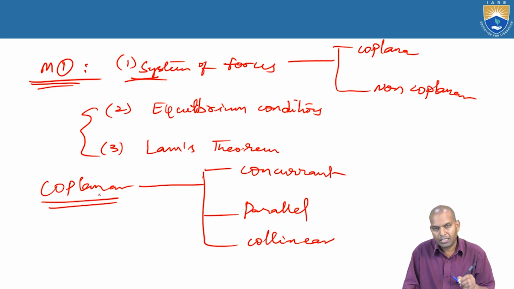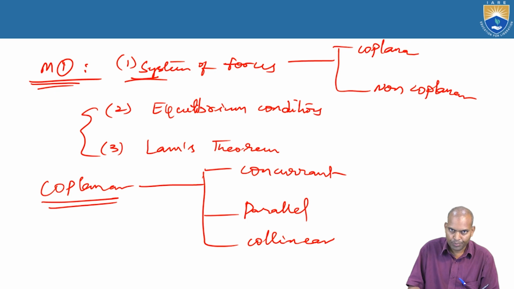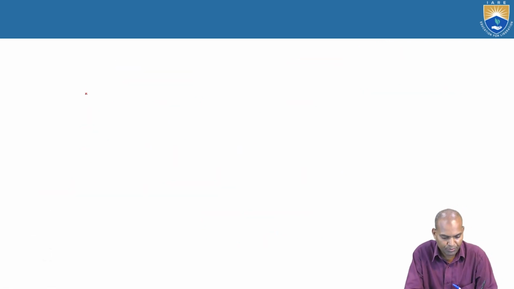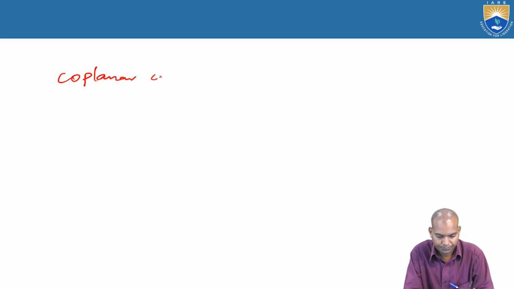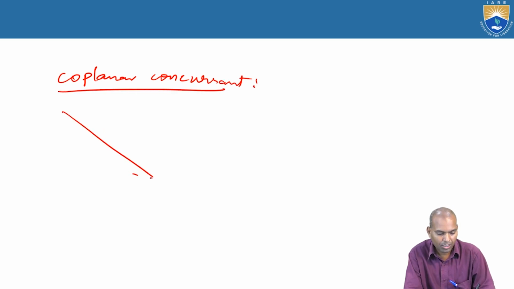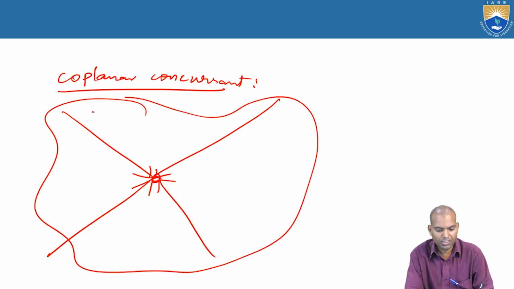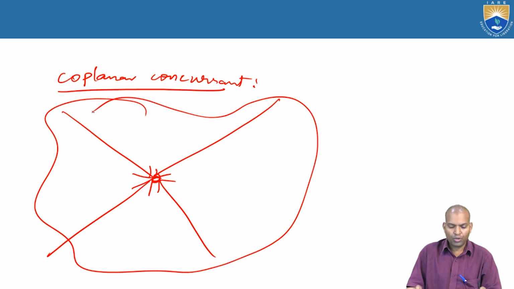What is the coplanar concurrent force system? In the coplanar concurrent force system, all the forces act at one point, the concurrent point, but on the same plane. Then it is known as a coplanar concurrent force system.